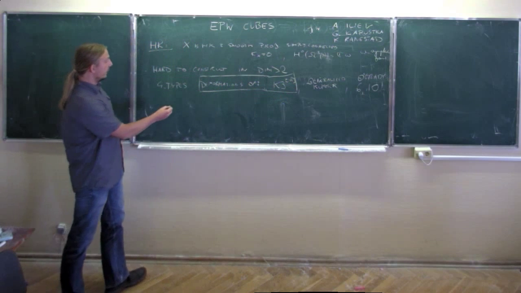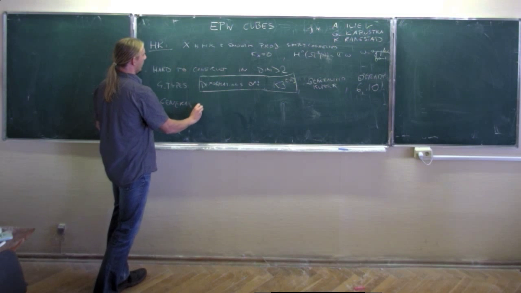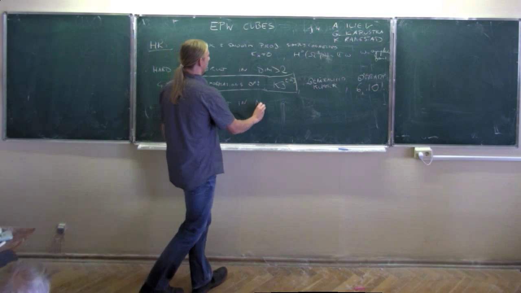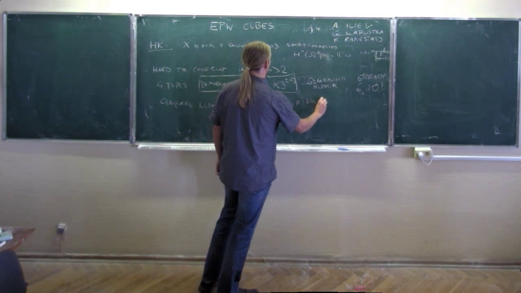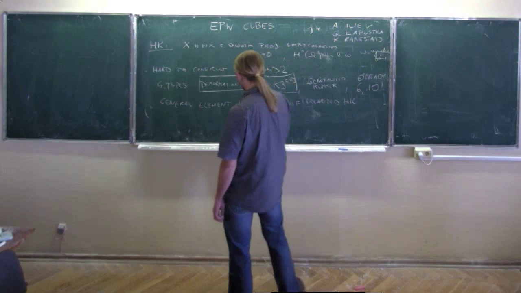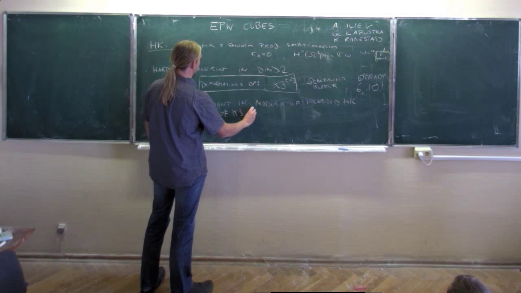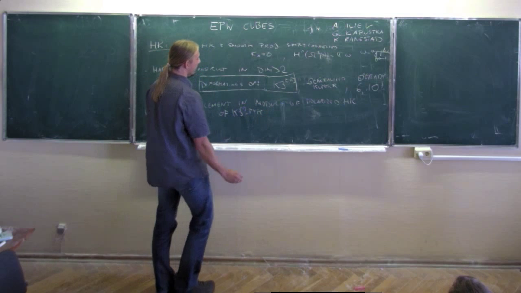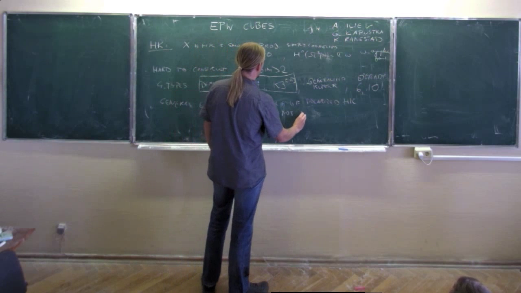That's why the general element in the moduli of polarized hyperkähler manifolds, for instance of K3^[n] type, is not a Hilbert scheme.